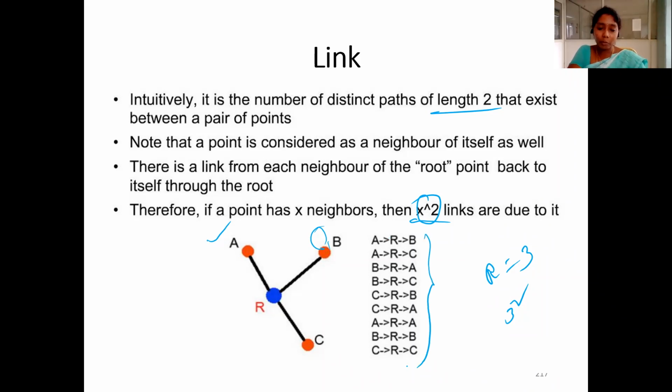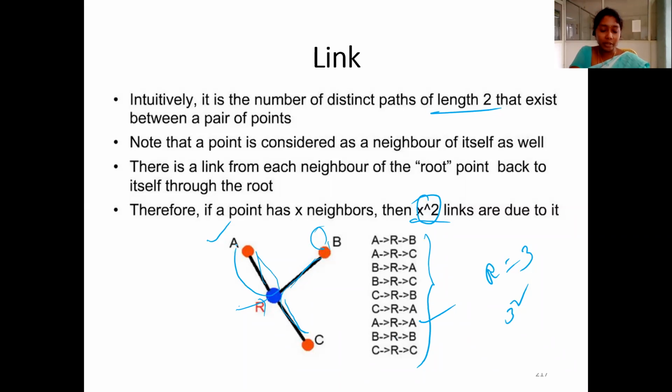All these are the possible links for a particular point. So what are those links? A, B is a link, C, B is a link, and sometimes A, A is also considered a link.